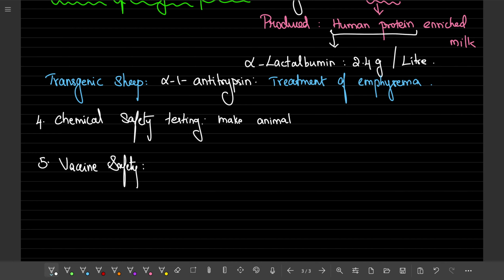Completed under transgenic sheep. Now, chemical safety testing and vaccine safety is kind of similar.